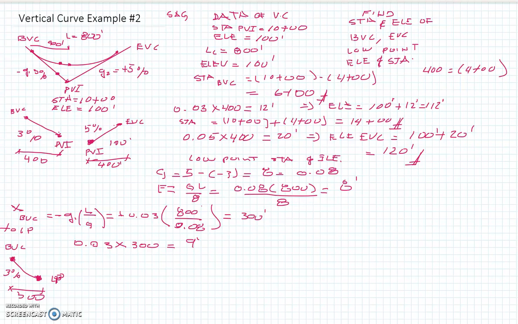My tangent elevation will be equal to the elevation of the beginning of my vertical curve, which is 112, minus 9, and this is 103.